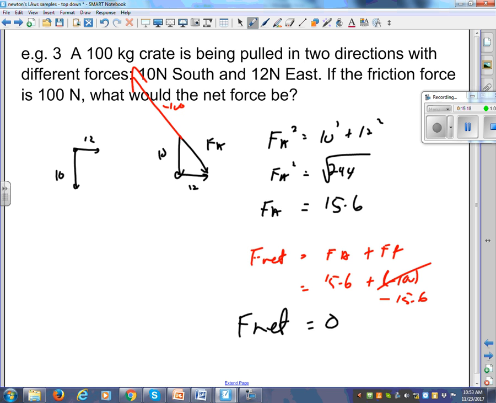Really, this should say the maximum friction force is 100. I'm throwing that in there as a trick now, so you recognize it later. Give me the nod of understanding. You've got to check, is the friction more than the applied force? And if it is, net force is going to be 0.